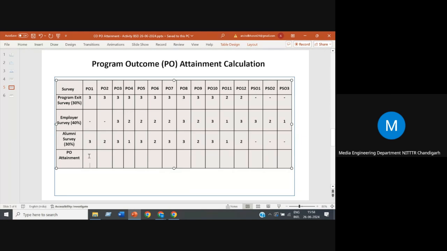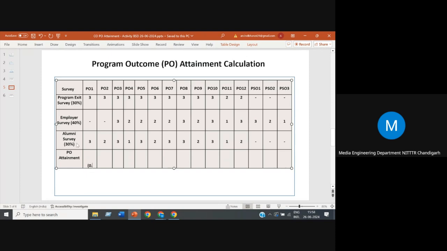So now calculate PO attainment for this. So it will be same, 3 into 30% means 0.3. 3 into 30% will be 0.9 plus 3 into 30% 0.9, divided by the sum of this 30% and 30%, that will be 0.6, right?